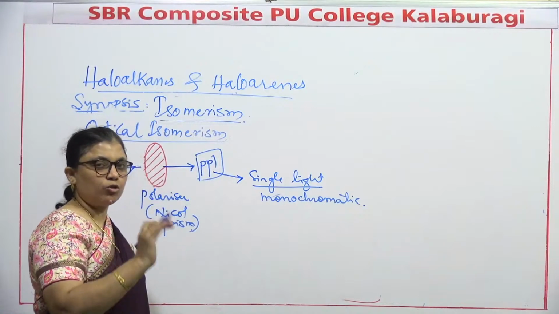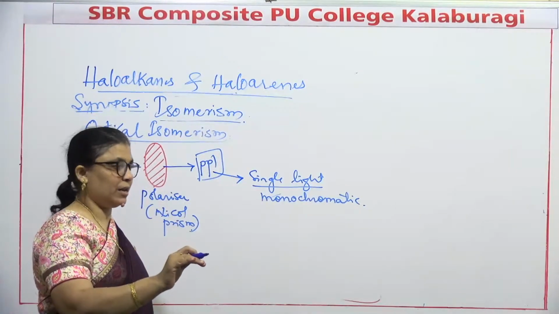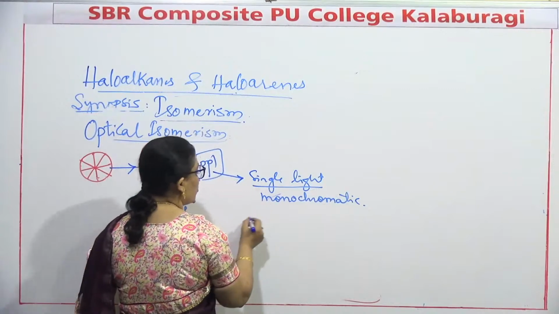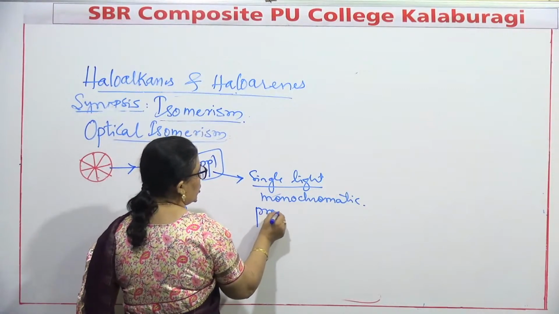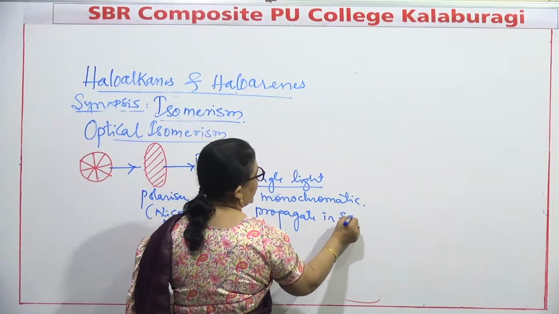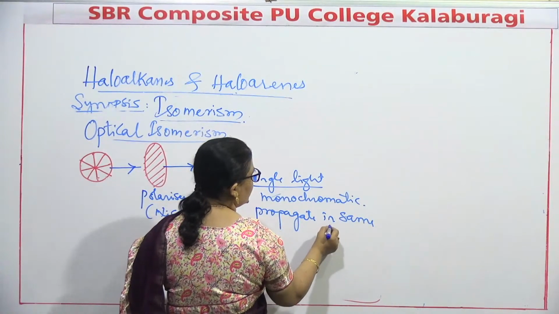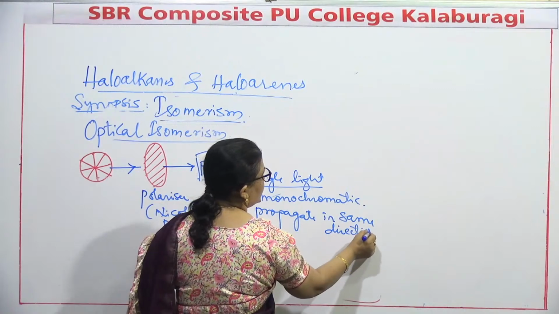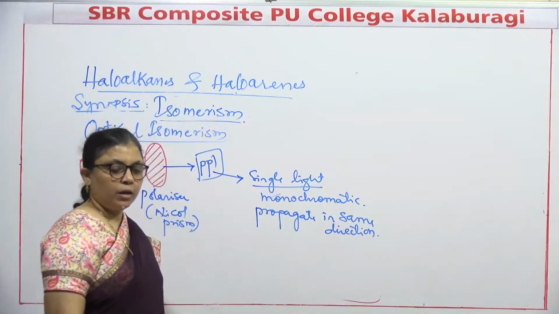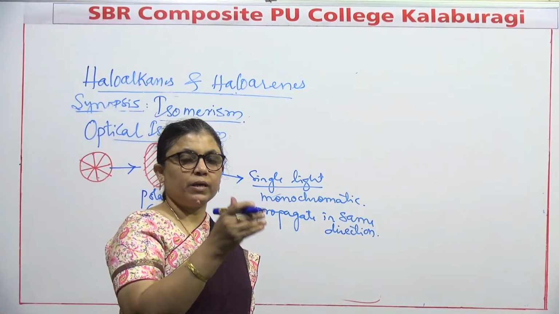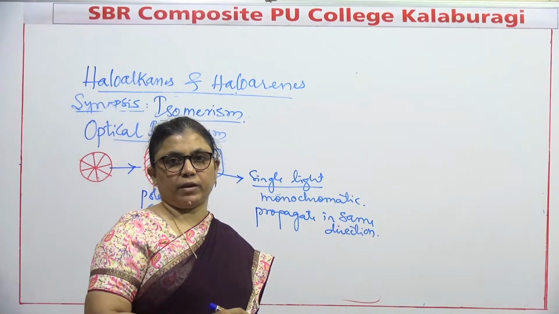Single color light which propagates in the same direction, in a single direction. Whenever ordinary light passes through a Nicol prism, it is converted to plane polarized light.